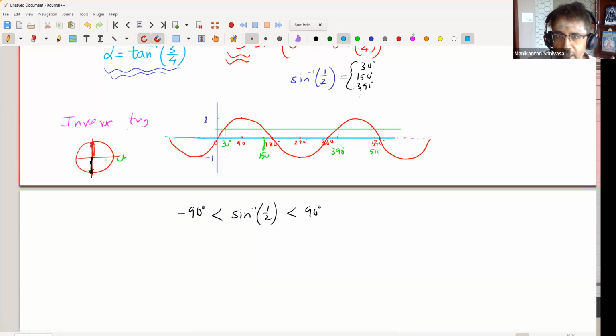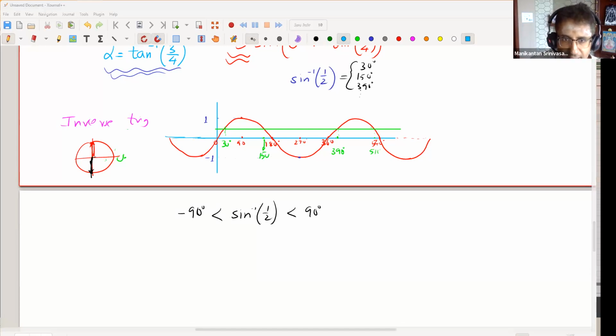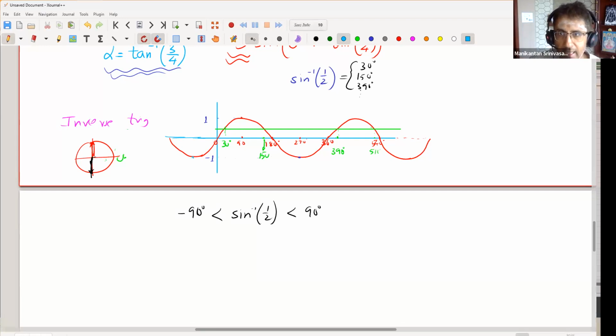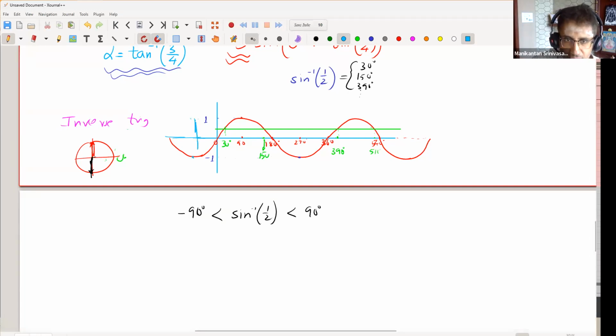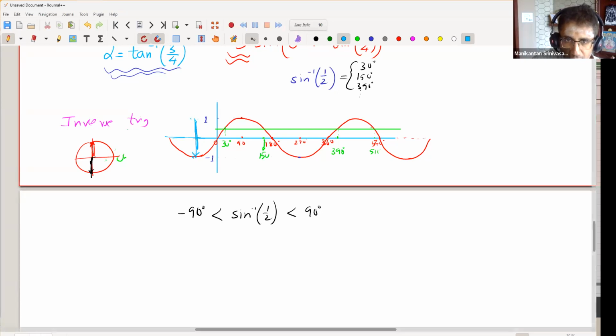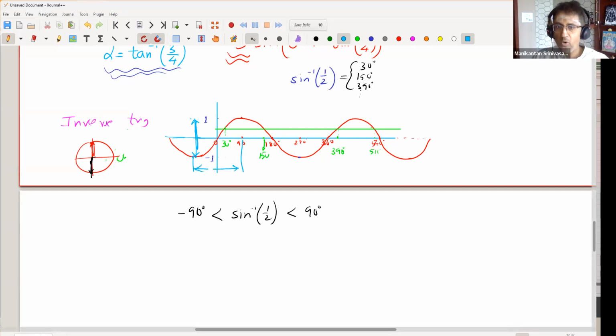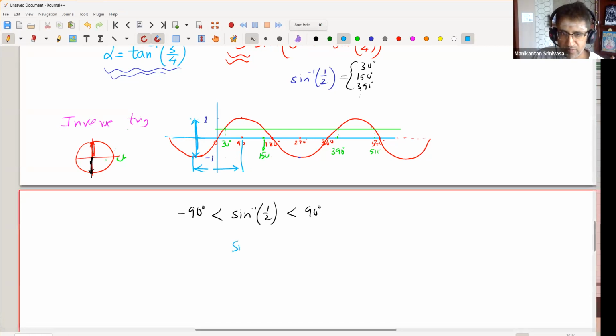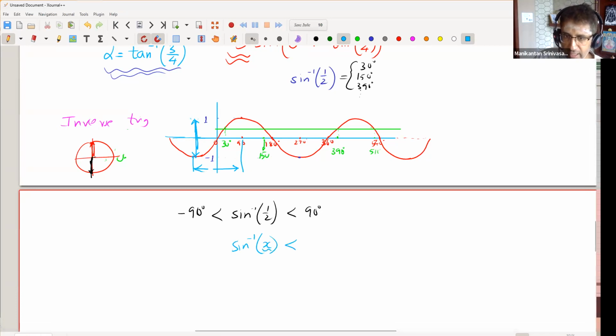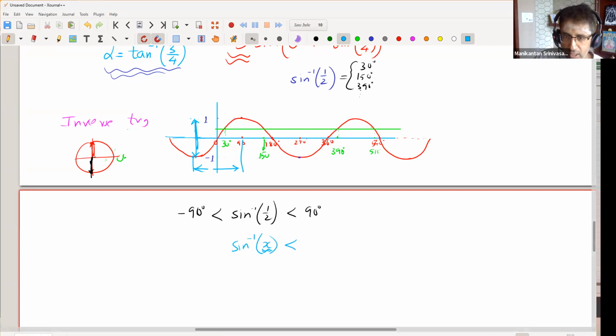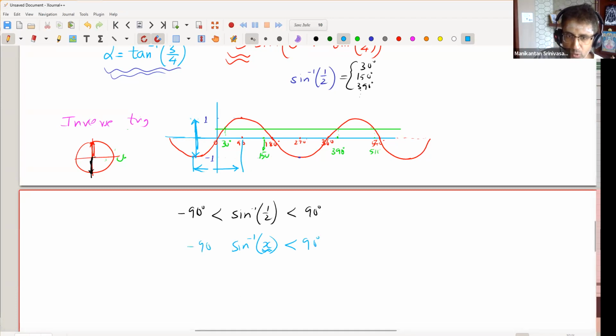So why did they pick -90 and +90? Because it's the interval where you can uniquely guarantee a value, but all the values from -1 to 1 are covered. So if I'm covering this range from -1 to +1, and I'm confining myself to this interval from -90 to +90, the output of sine inverse of x, sine inverse of a value, not an angle, will be an angle between -π/2 to π/2.